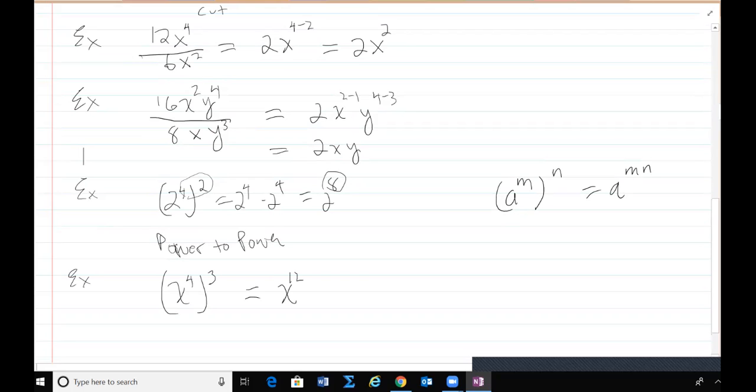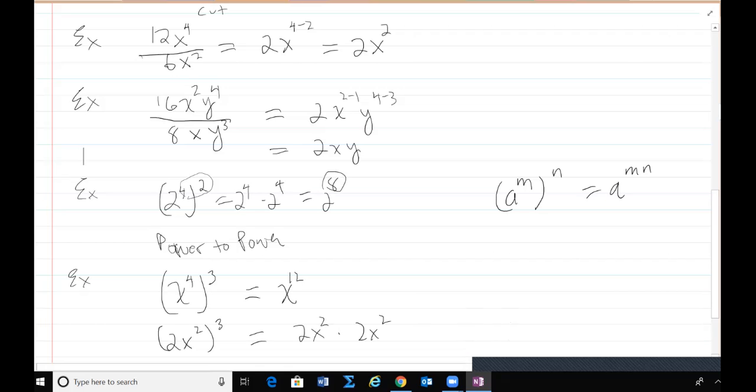If you have 2x squared raised to the 3rd, then that would be 2x squared times 2x squared. So we end up with a 2 squared and an x to the 4th. Okay. Whoops, it's a 3. Sorry about that. I got one more in there that I need to put in.